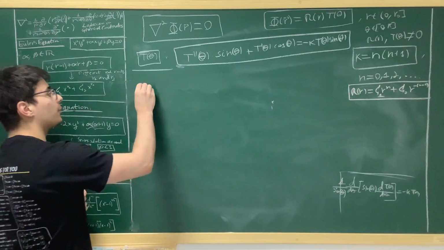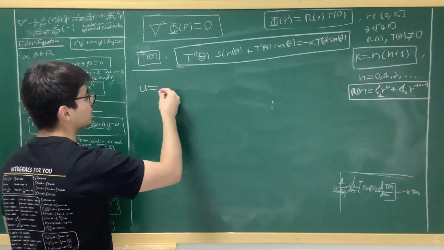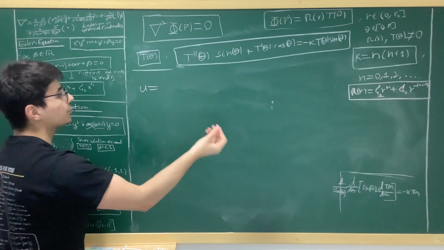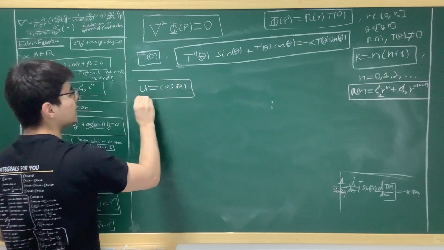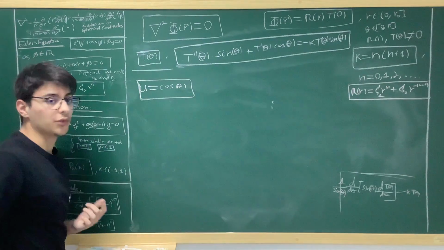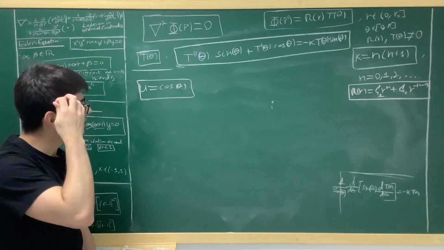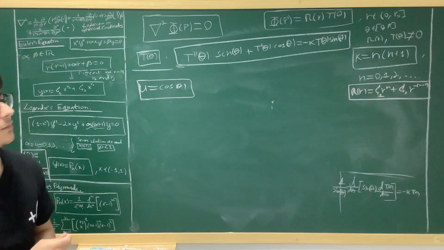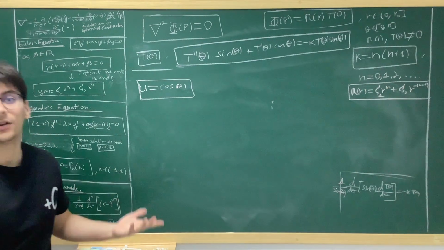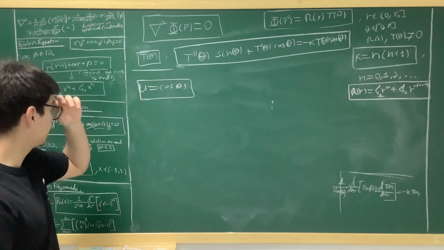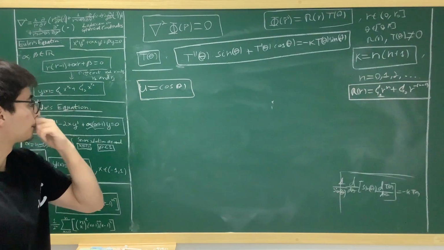So first of all, we're going to make this change of variable u equals the cosine. Why? Well, this leaves things really easy, and it's what's usually done. You could try some other change of variables and see if you can get somewhat closer to Legendre's equation, or if you can solve it in another way. But the usual procedure is to use this substitution.